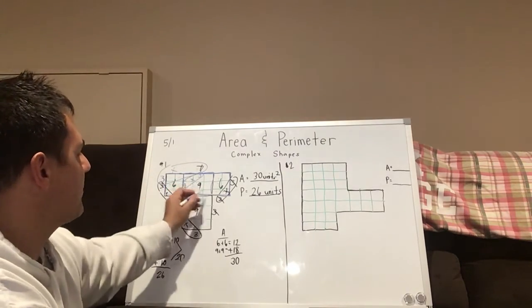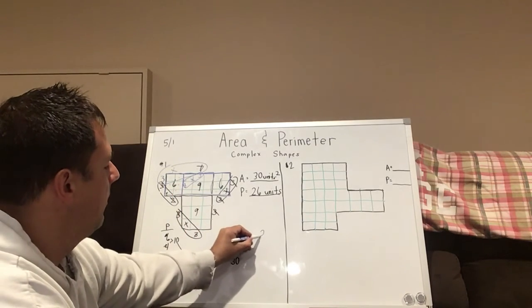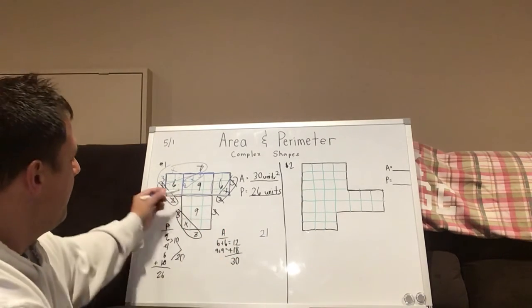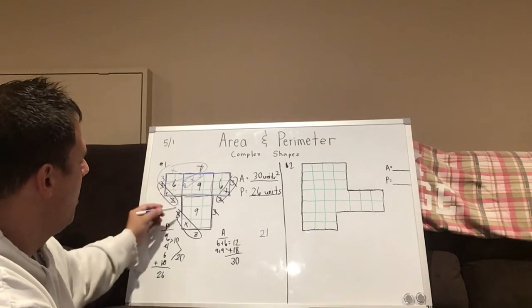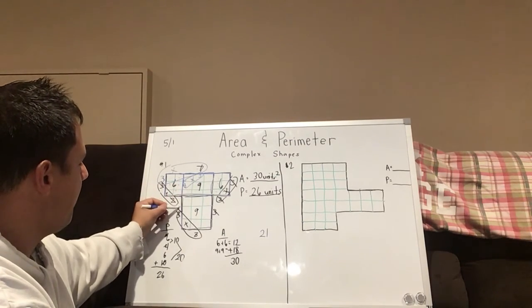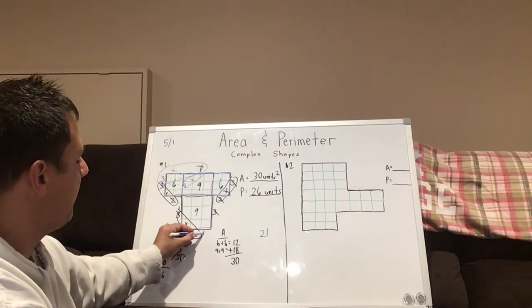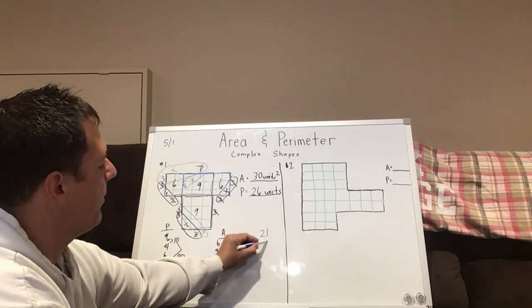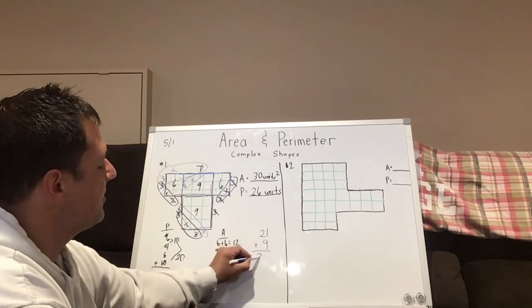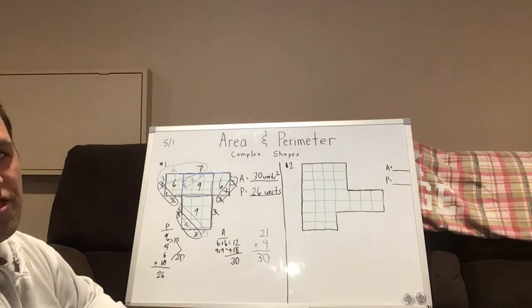So that's the first part of the T. So it'll be 21. Down here on the bottom, the lower part of the T would be the length 3 times the bottom 3, and 3 times 3 is 9. And when you add those together, you're still going to get 30 units.